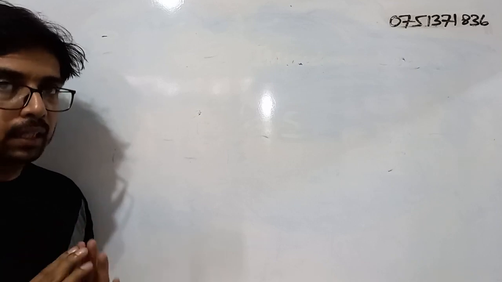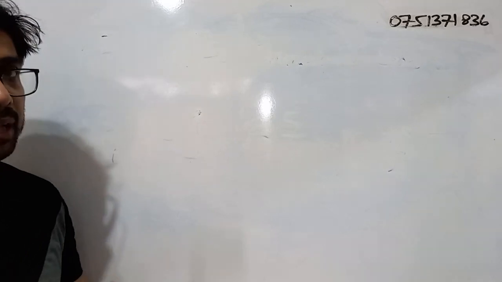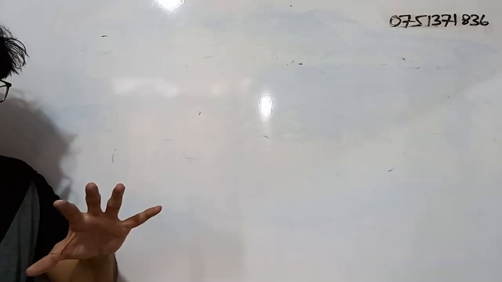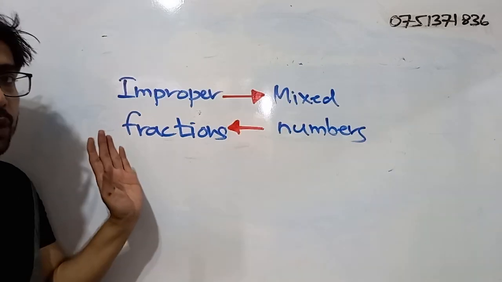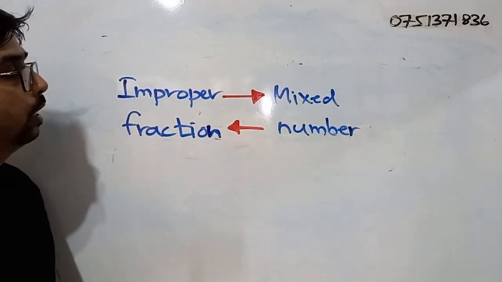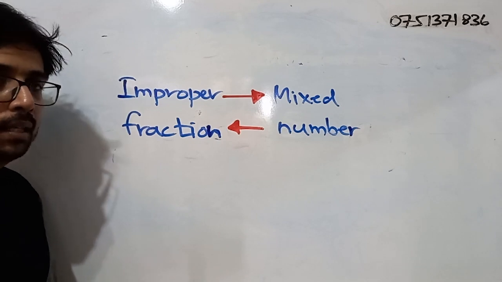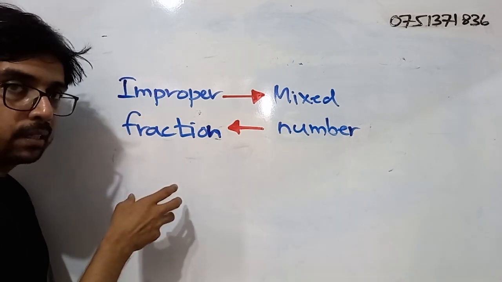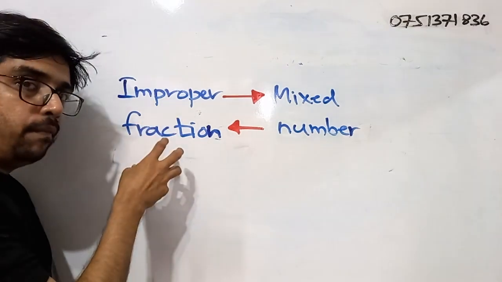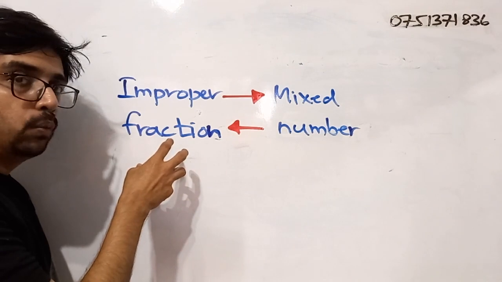Unlike other fractions, when we talk about improper fractions and mixed numbers, there's a connection. So, what is the connection? If we take an improper fraction, that improper fraction can be converted into what?